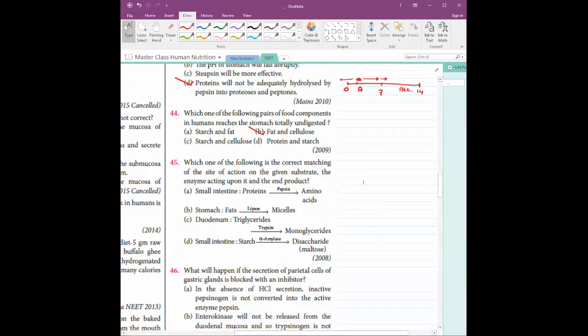Which one of the following is the correct matching of the site of action on the given substrate, the enzyme component, and the end product? Okay, chalo. So guys, just see which is the right answer.